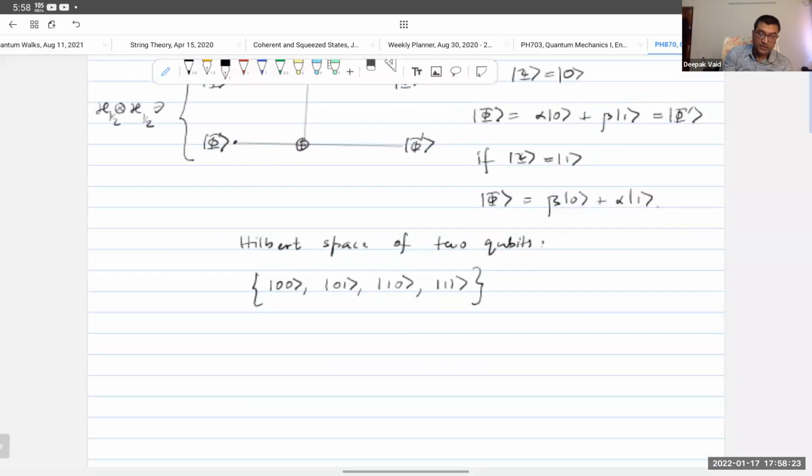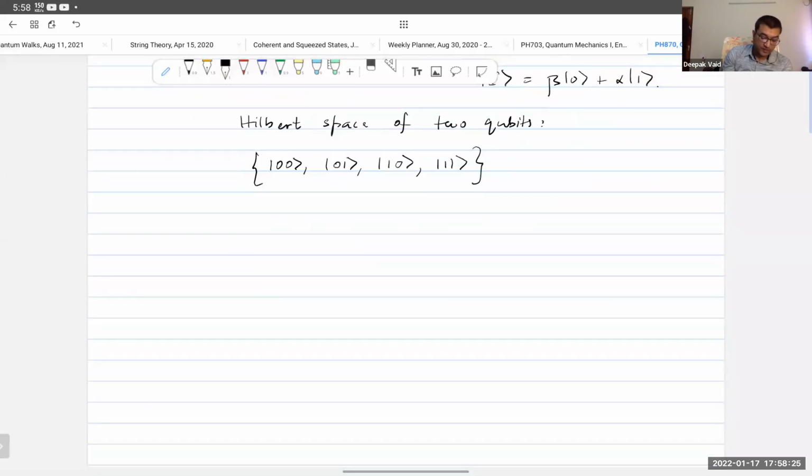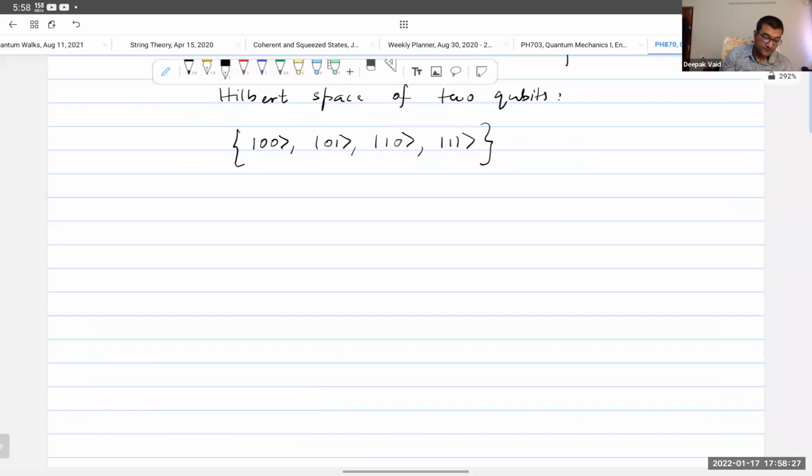For the input state of my circuit, I've used only these basis states as my inputs, right? Either 0 0 or 0 1 or 1 0 or 1 1. These were my inputs. So what happens to 0 0?